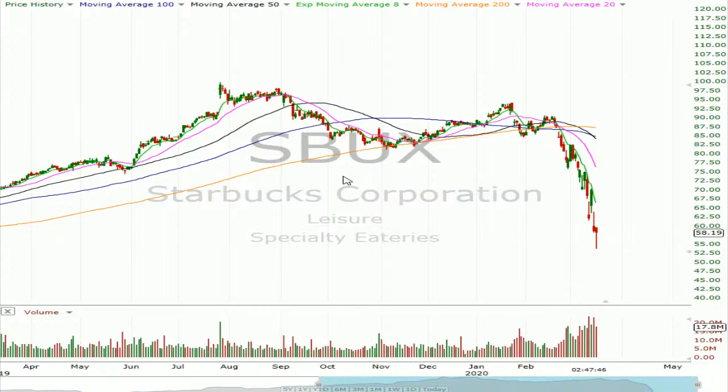Today I'm going to talk about basically what I look for when I am thinking about putting on a calendar spread. I feel like that strategy is particularly interesting in the current trading tape because so many stocks are seeing such huge levels of near-term implied volatility.